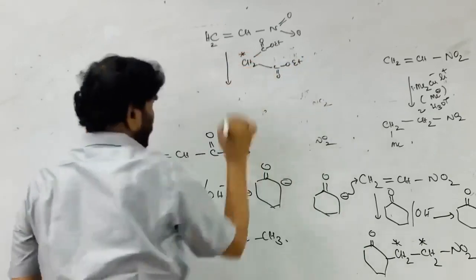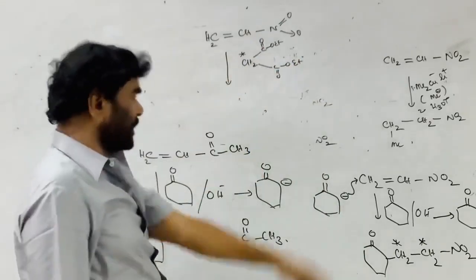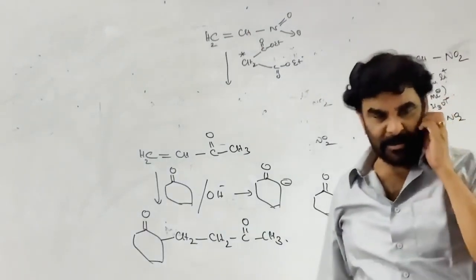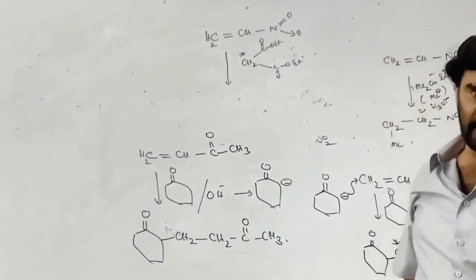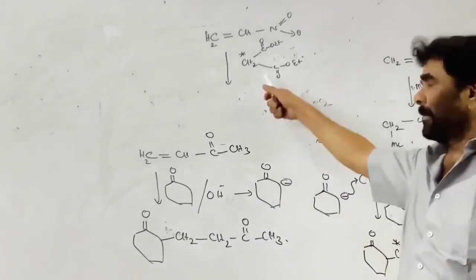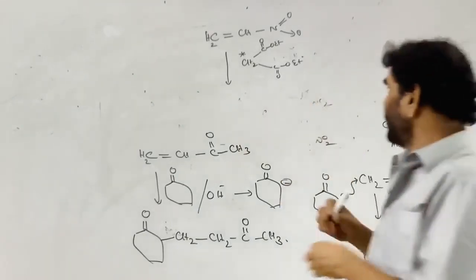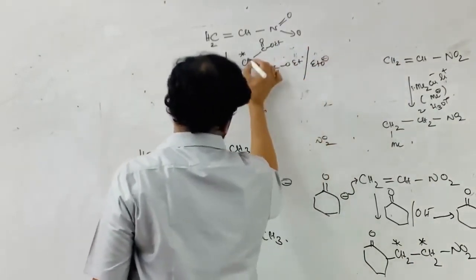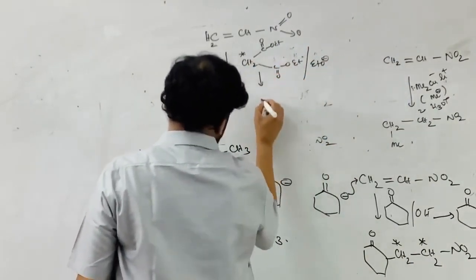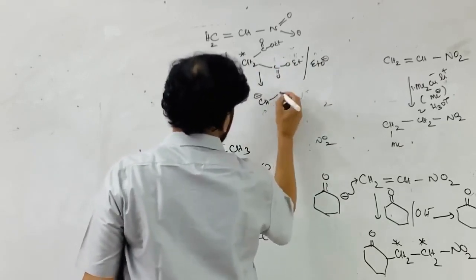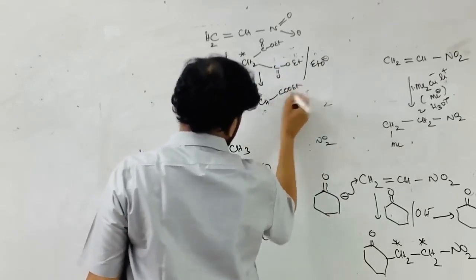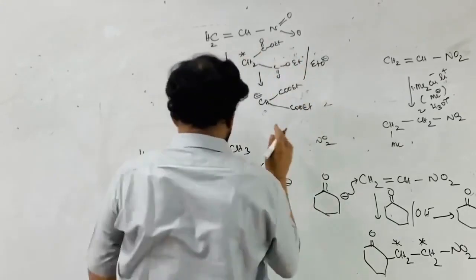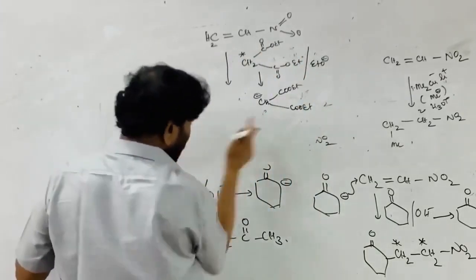This is a methylene group with two electron withdrawing groups, minus M groups, called a compound containing an active methylene group. If it is treated with ethoxide ion, it removes this hydrogen and converts into the carbanion, COOEt, COOEt. This is the source for carbanion.